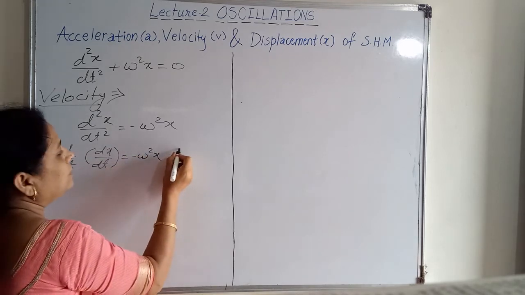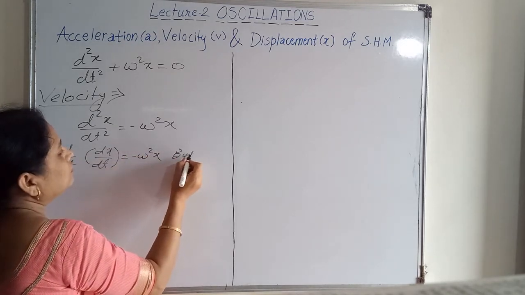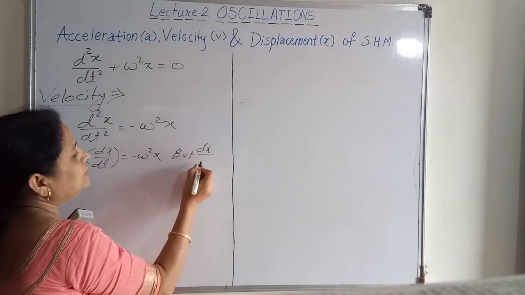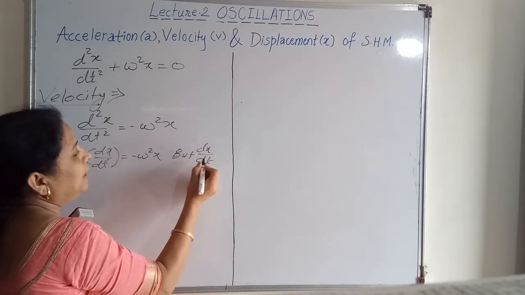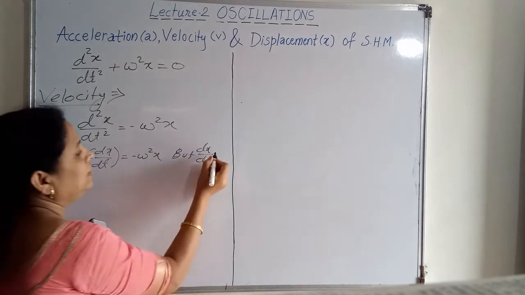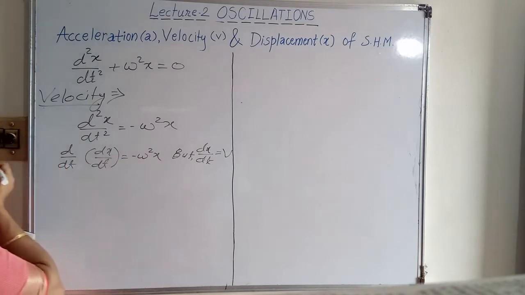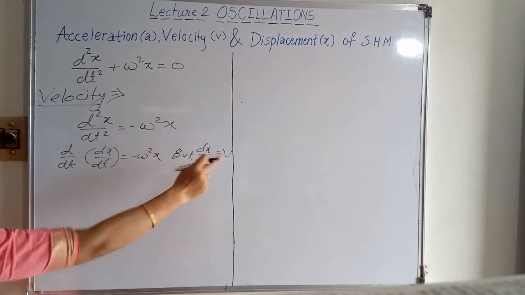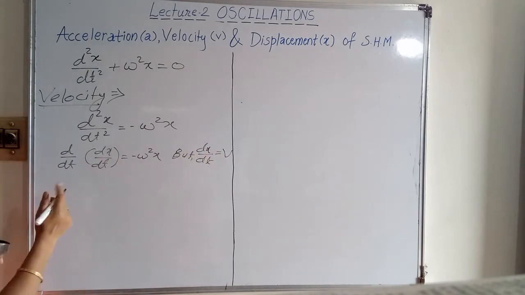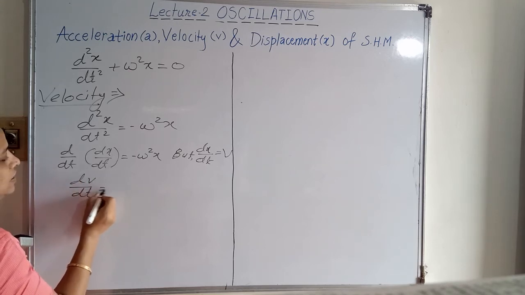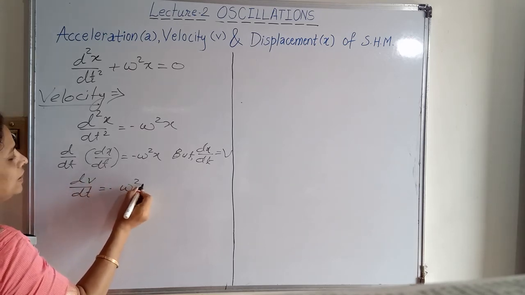But we know that this dx upon dt, that is the rate of change of displacement, is nothing but the velocity. So dx upon dt is equal to velocity. We can write this equation as dv upon dt is equal to minus omega square x.